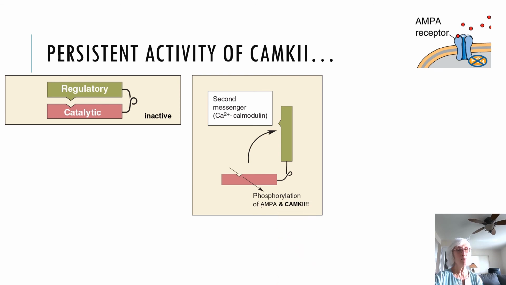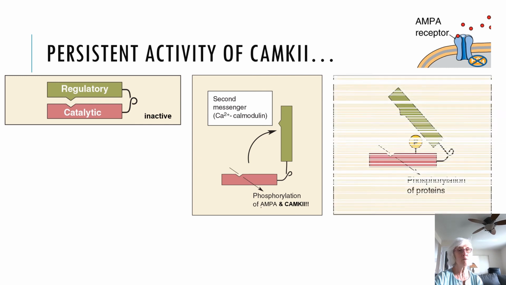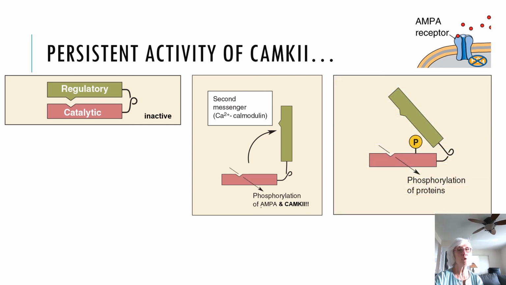CAM kinase 2 can phosphorylate AMPA, but it also can phosphorylate itself. This is referred to as autophosphorylation. And when CAM kinase phosphorylates itself, there is a phosphate group that it puts a big bulky chemical group in the way such that the regulatory portion of it cannot refold to turn the protein off.